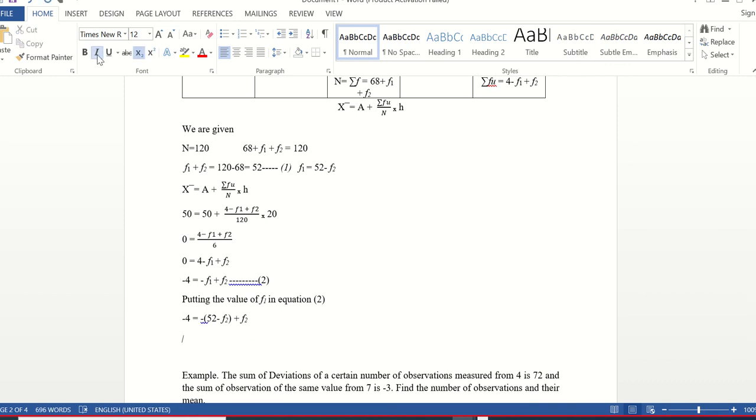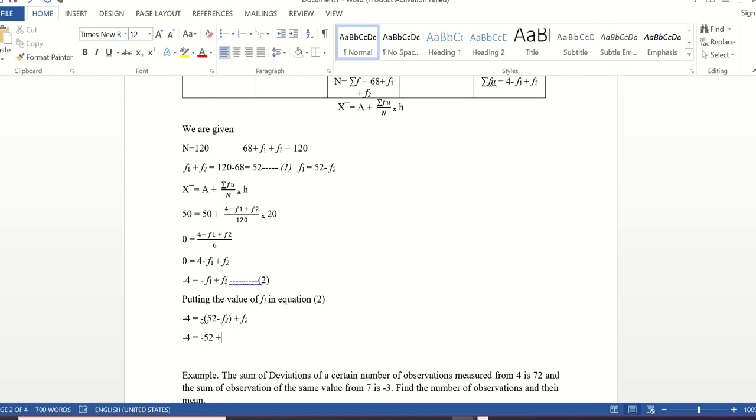Next, when I open the bracket, minus 4 equals minus 52, and plus f2, because minus minus becomes plus.